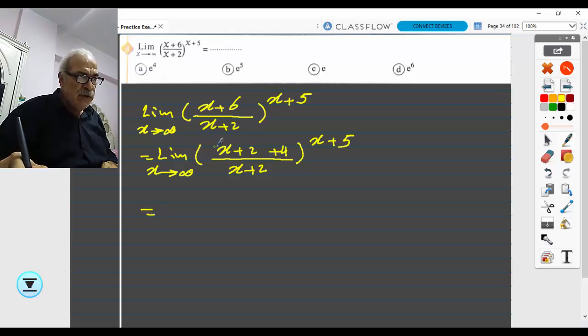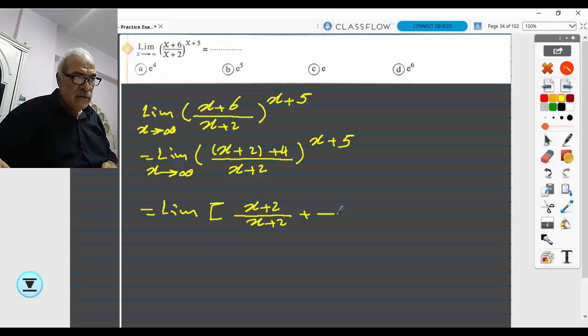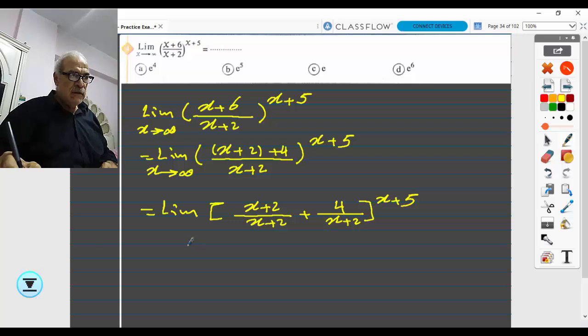Here we have two parts in the numerator, x plus 2 plus 4. So the limit equals the limit of (x plus 2 over x plus 2 plus 4 over x plus 2) all power x plus 5 as x tends to infinity.